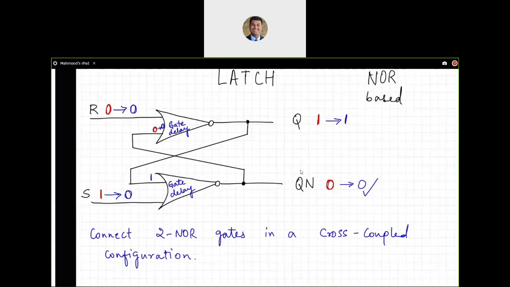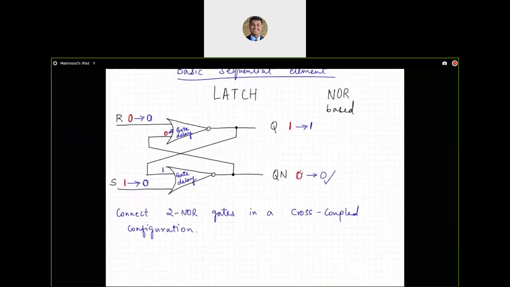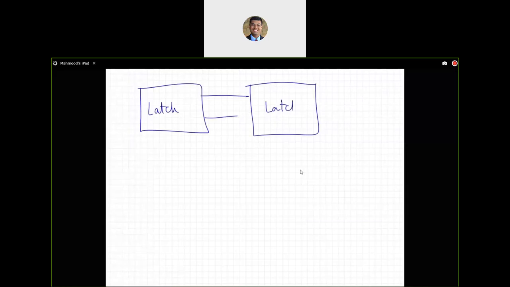Now, to go from an SR latch, a set reset latch, to a JK flip-flop, we actually need a lot more things. I need, say, a latch here and a latch there, one after the other. Latches are by nature level sensitive.